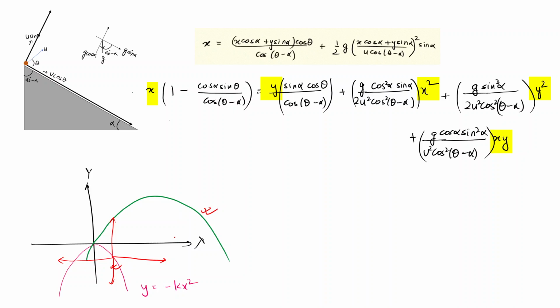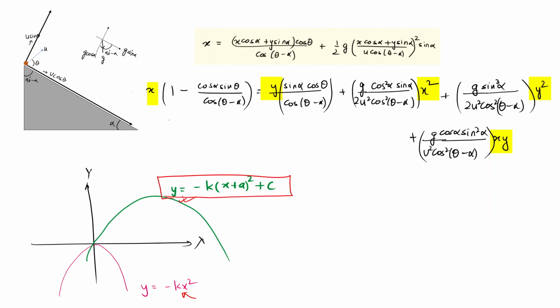So what kind of equation will these parabolas have? It's like you are doing a transformation along the x-axis, so your x will be transformed by some value and your y will also be transformed by some value. So the general equation will be like this.